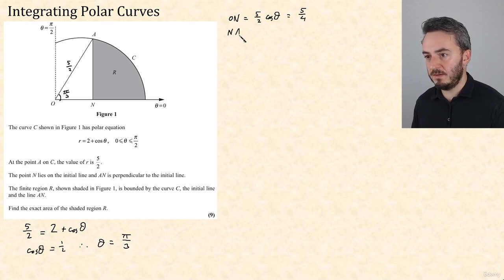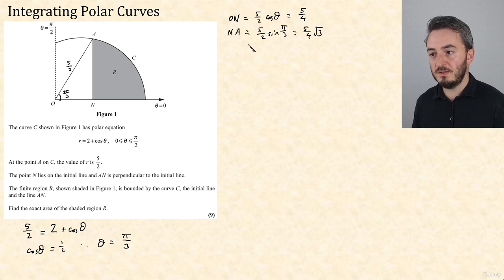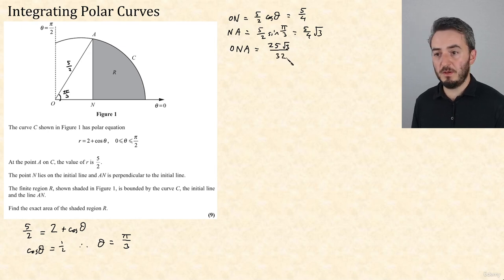And NA is 5 over 2 sine pi over 3, which is 5 over 4 root 3. The area of ONA is half times base times height, and that gives me an exact value of 25 root 3 over 32. So not the prettiest answer, but there is the area of ONA.